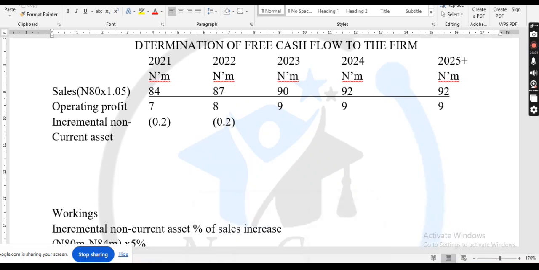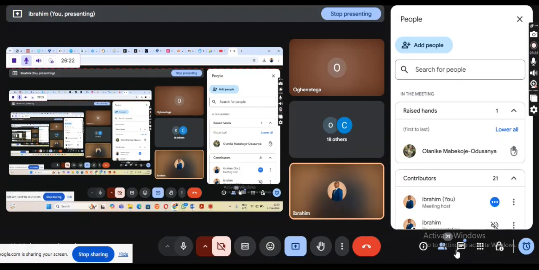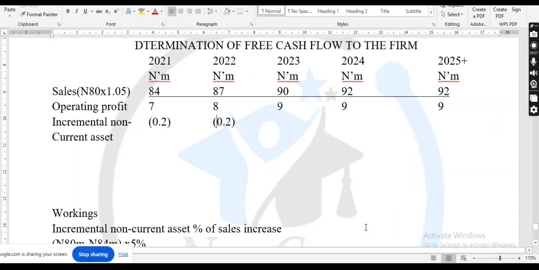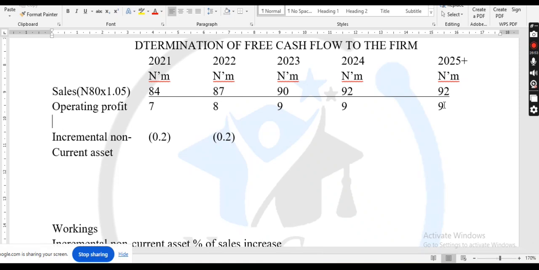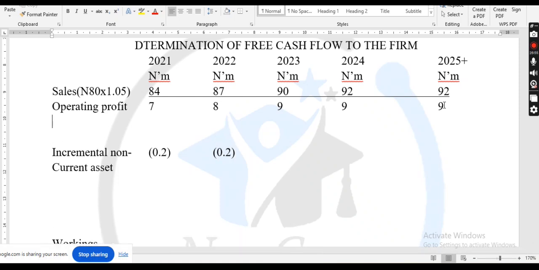Do you have anyone that has a question? I think someone is. Okay, Olanike. Thank you, sir. I think we are trying to get free cash flow to the firm, and based on the method you taught us, before this incremental non-current asset, before the incremental, we need to have the profits.